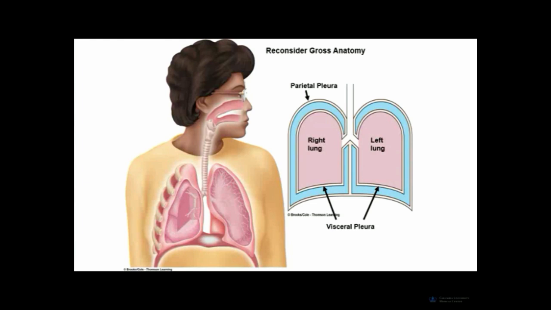Water tends to stick to itself. Water is very polar. And if you were to try to pull water molecules apart, they would resist that. That's the idea of surface tension.